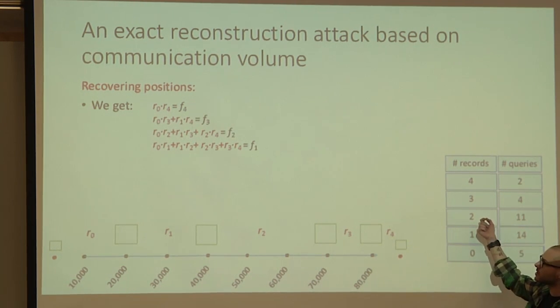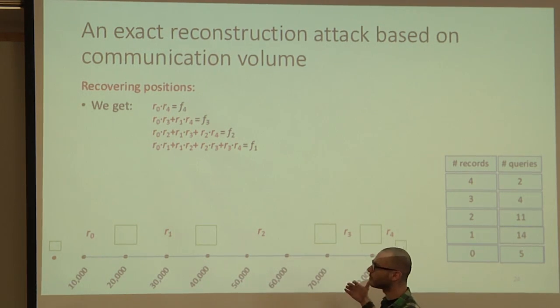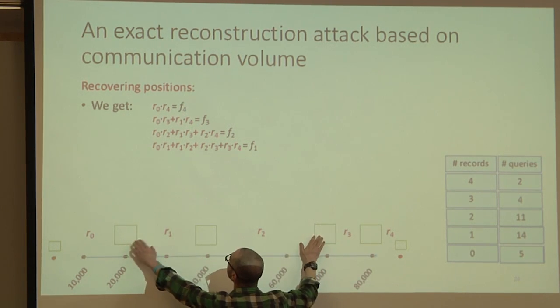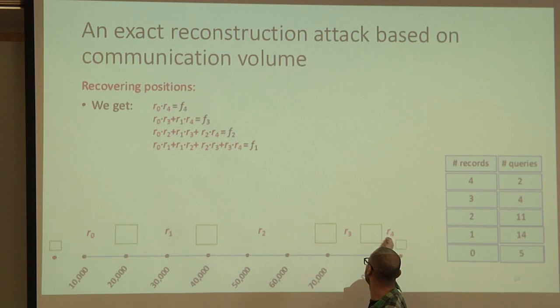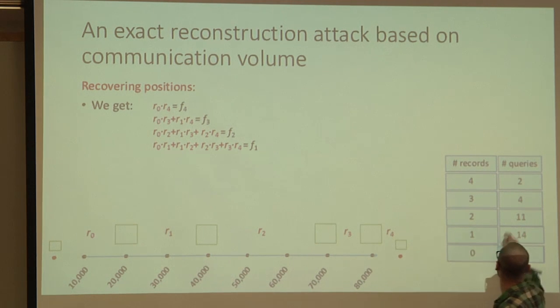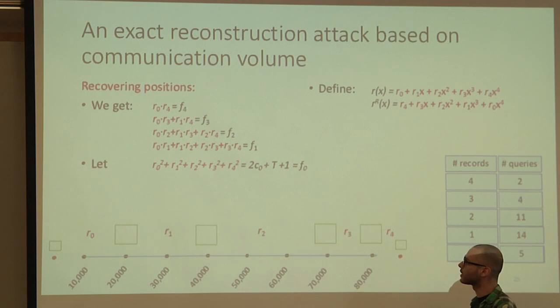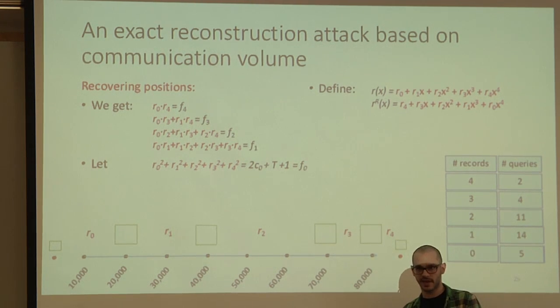In the case of 3 records, it's going to be R0 multiplied by R3, which is the number of queries that return these 3 records, plus R1 multiplied by R4, which is also the number of queries that return these 3 records. So this sum will be this value. And we can compute all these combinations until 1. For 0, things are a bit trickier, but still we can compute it using the number of queries that return 0 records. And now the question is, having these equations, how can we find the values of the R's?